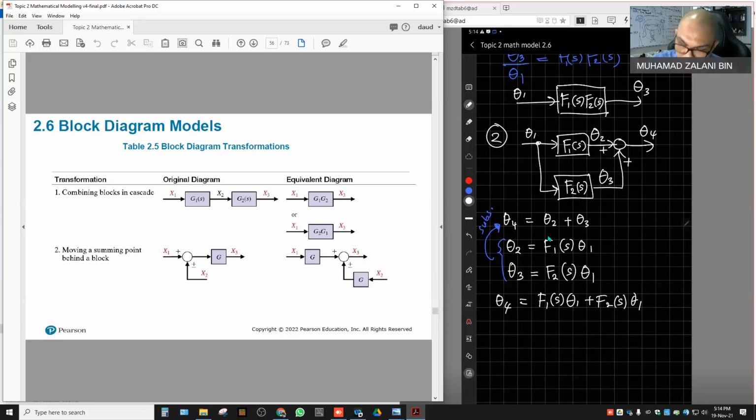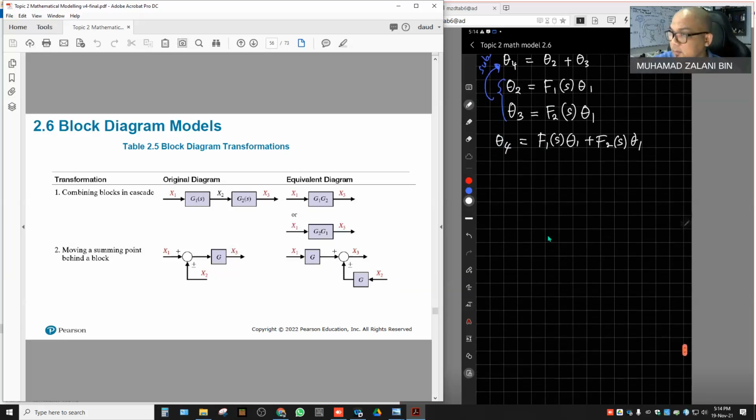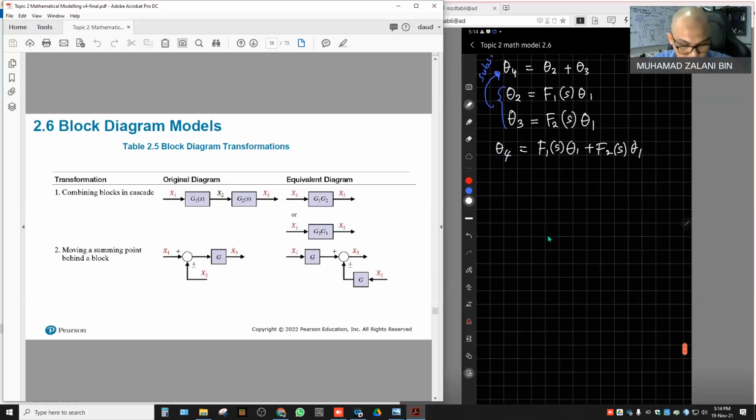We rearrange this, putting theta 1 in front, so what is inside is F1(s) plus F2(s).